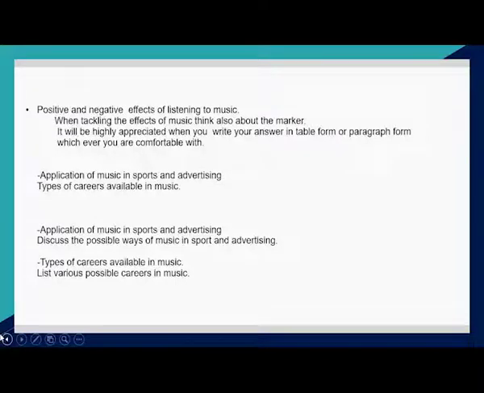You might start with a paragraph where you talk, I'm talking about now when you write your exam or your assignment, about the positive part. Write everything that you know of, everything you have studied about the positive part: how music can put you in a good mood, how you can enjoy music, how it can motivate the athletes, how music is very good sometimes for patients.